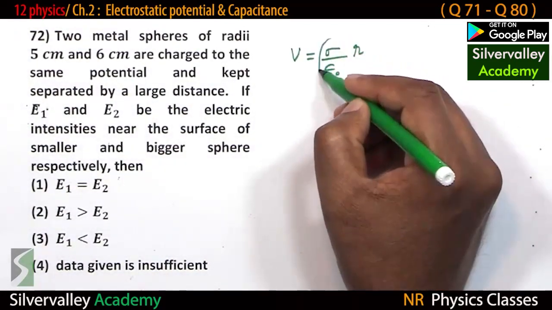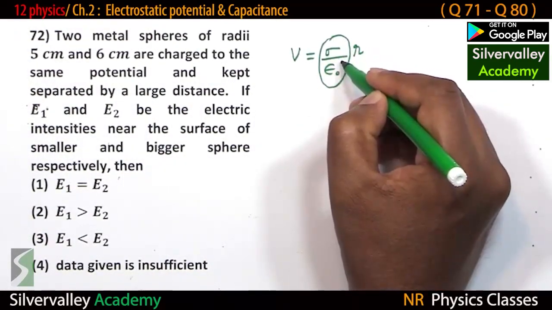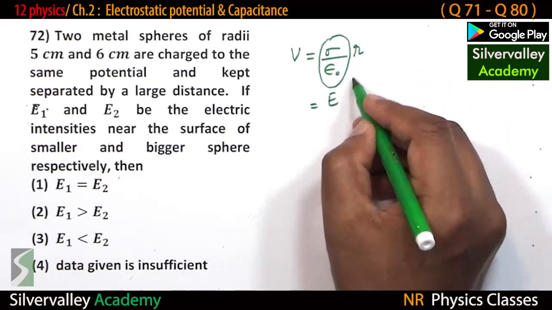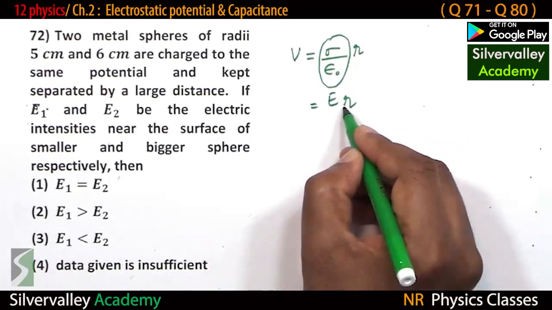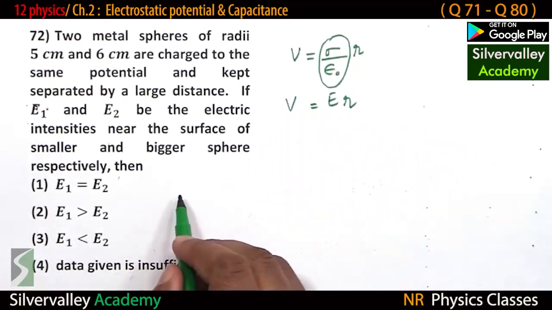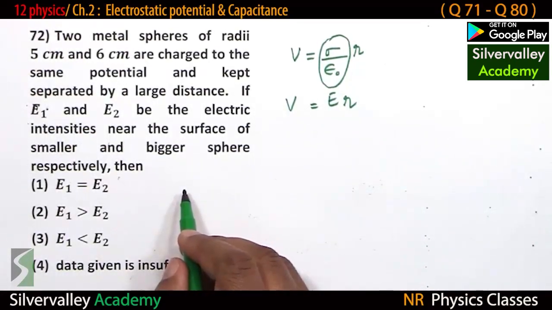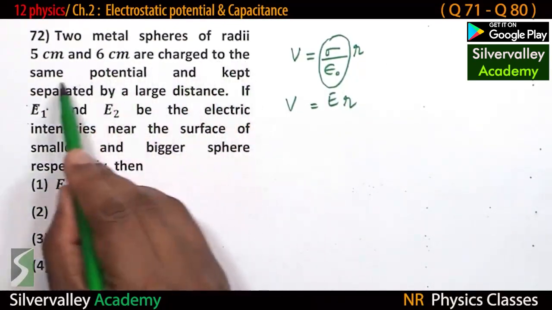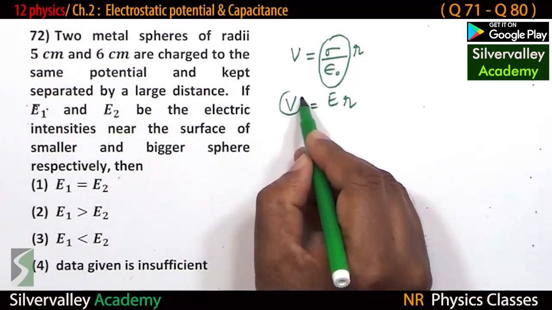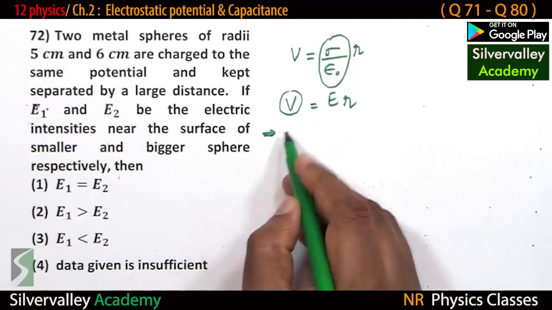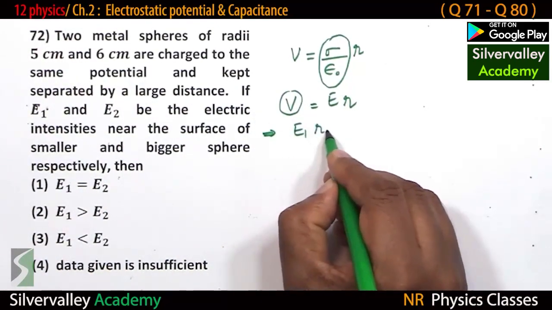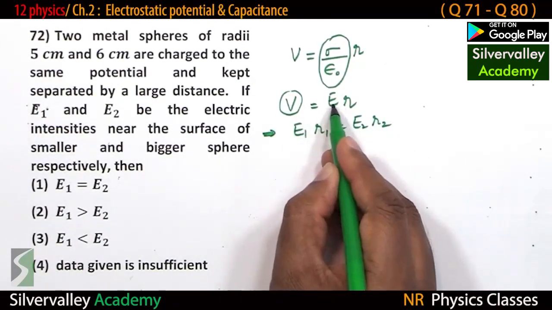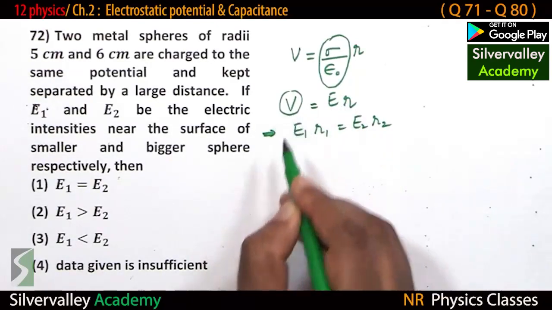But sigma by epsilon naught is electric field. So electric field close to the sphere times radius of the sphere is the potential. Charged to the same potential, so potential is constant. This implies that E1 R1 equals E2 R2. Product of electric field and radius of the sphere is a constant.